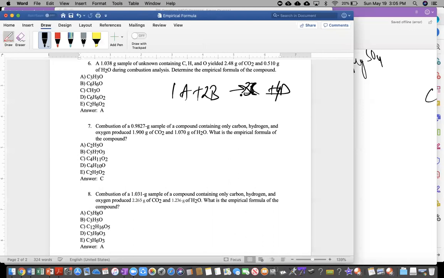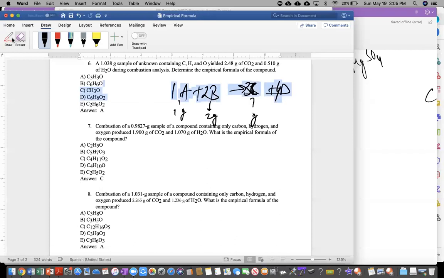If I give you 1 gram of this, 2 grams of this, and ask how many grams of this you can make, just follow your stoichiometry. Go from A to C, go from B to C, see whichever one is smaller, that's what you're going to use. Are we good here, guys? Does that make sense? I think so.